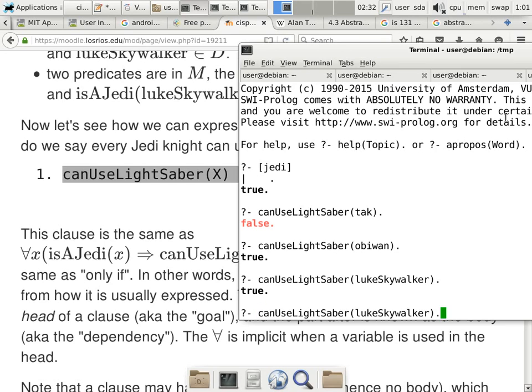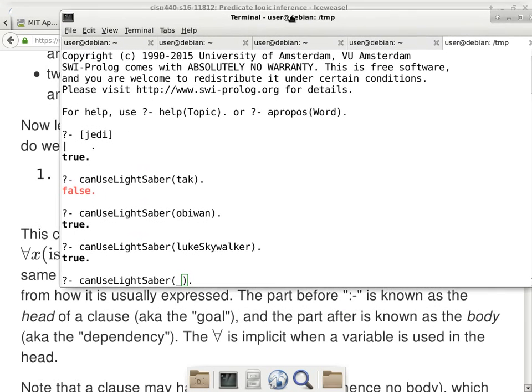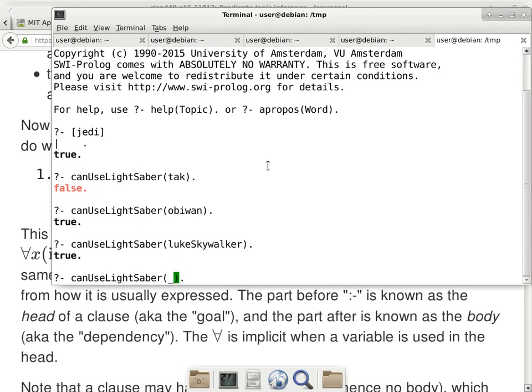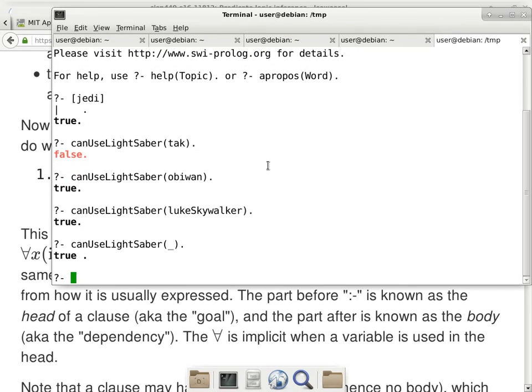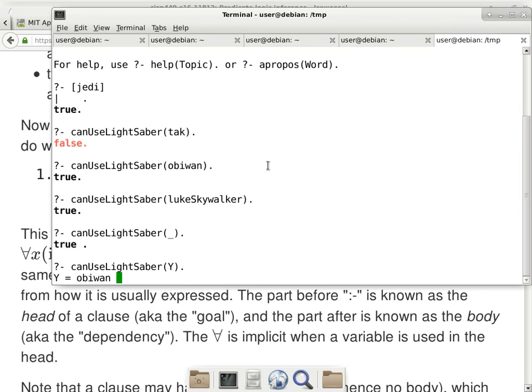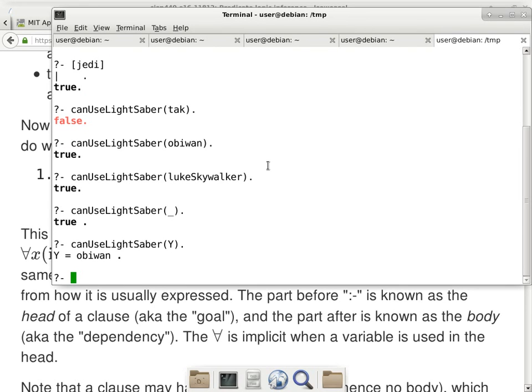Can you go backwards and ask, is Luke Skywalker a Jedi? Yeah, you can do that. But I'll do this first. Okay, it only shows me one, because this is basically just asking, can you show me one person who can use a lightsaber?